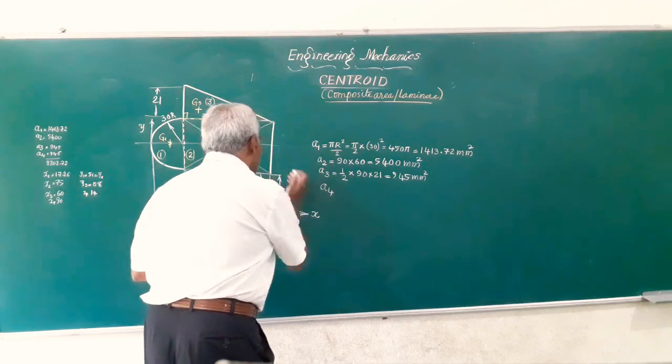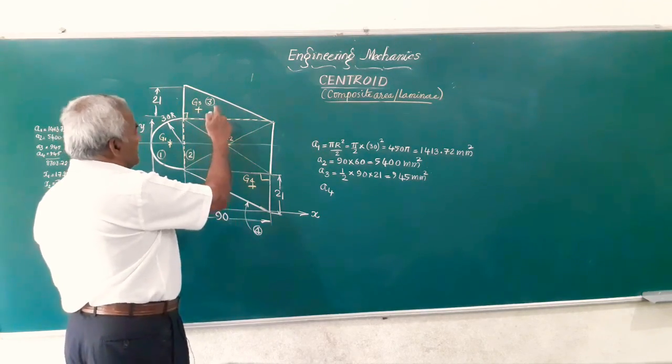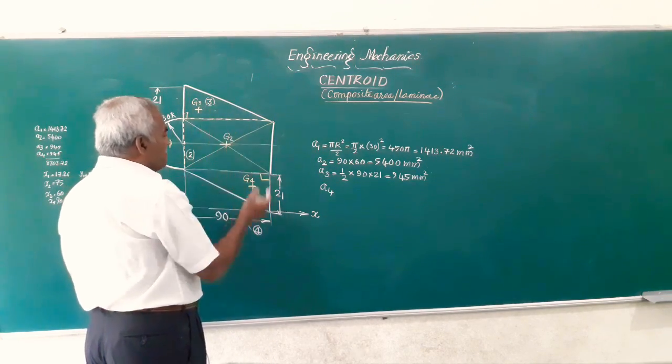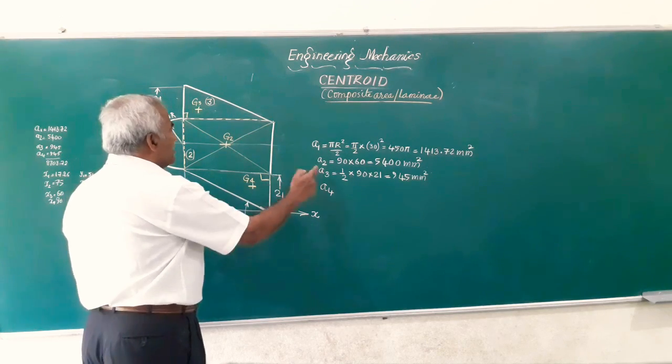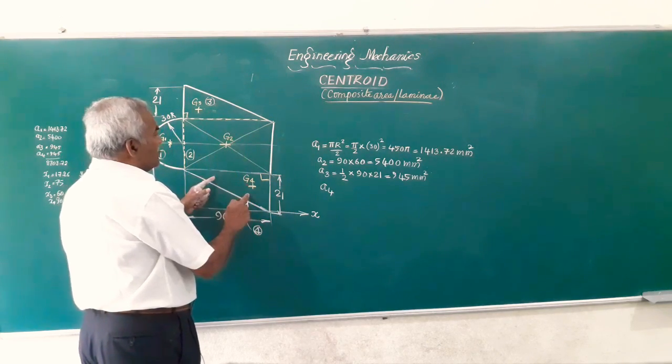Finally, the area of the fourth figure. If you look at the board, figure number 3 and figure number 4 have the same dimensions, and hence the areas of figure 3 and 4 are equal.